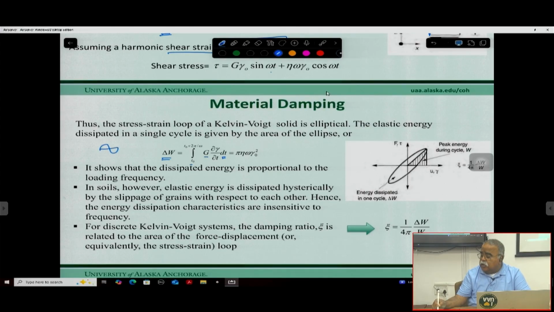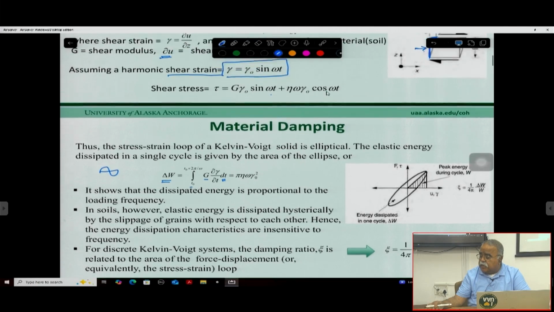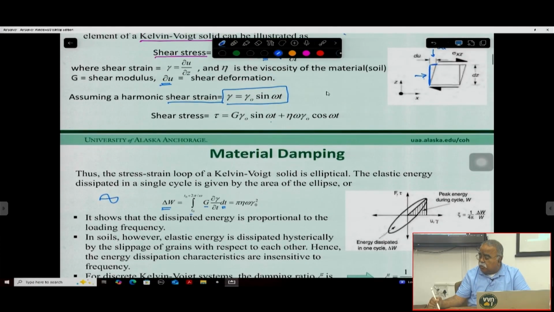So within the complete cycle, how much is being dissipated is your delta W. If you put d gamma by dt equal to omega gamma 0 cosine omega t, and do the integration over one cycle, you get pi eta omega gamma 0 squared, right? So that's the amount of energy dissipated per cycle, okay?